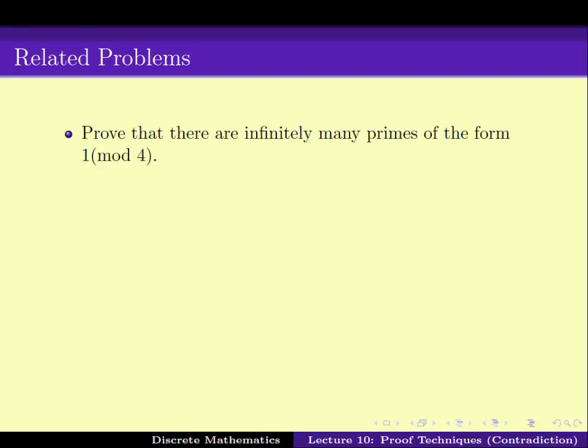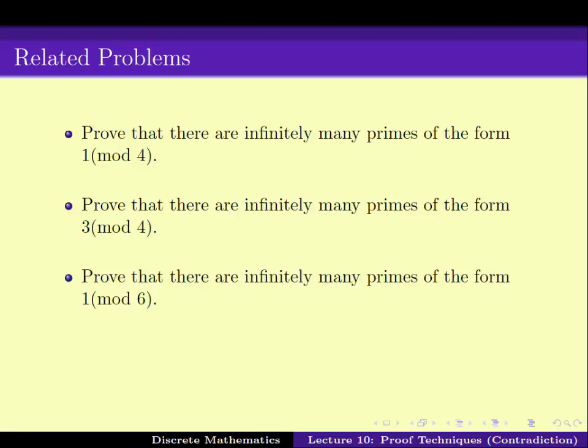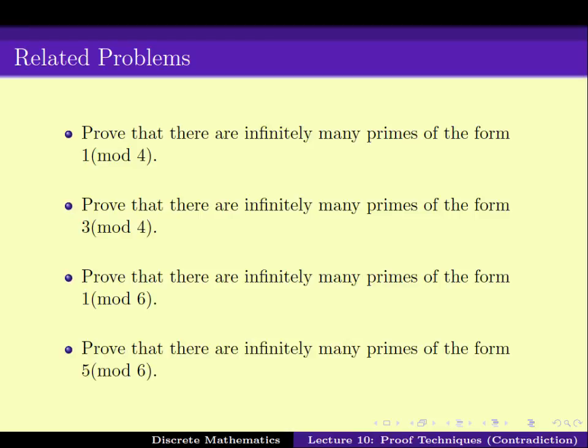Prove that there are infinitely many primes of the form 1 mod 4. Similarly, prove that there are infinitely many primes of the form 3 mod 4. Again, similarly, prove that there are infinitely many primes of the form 1 mod 6, and infinitely many primes of the form 5 mod 6.